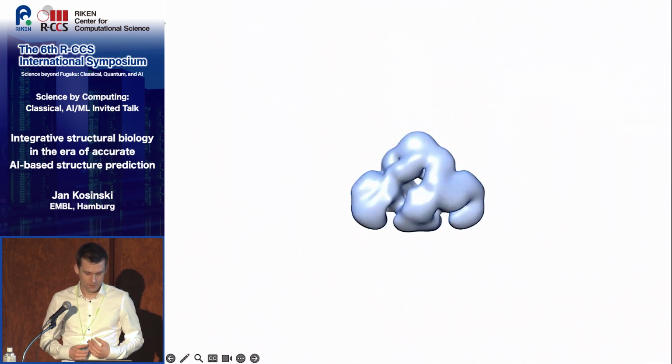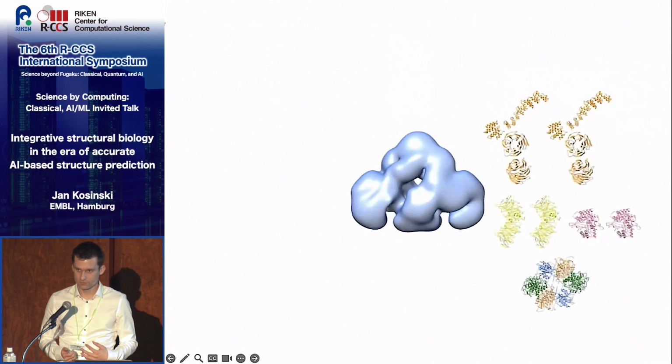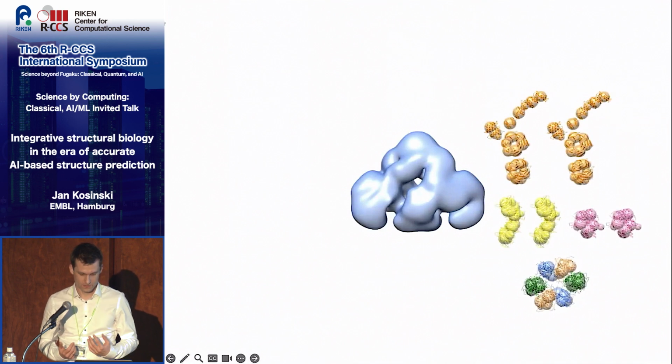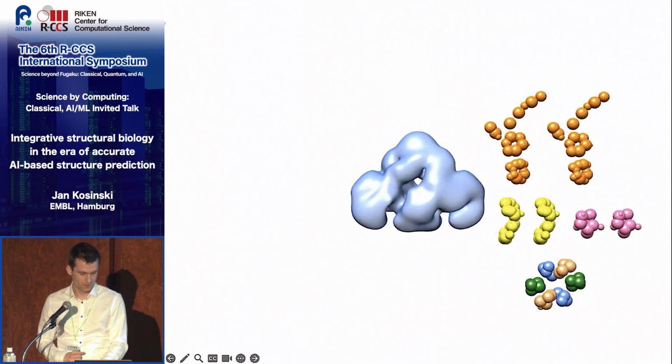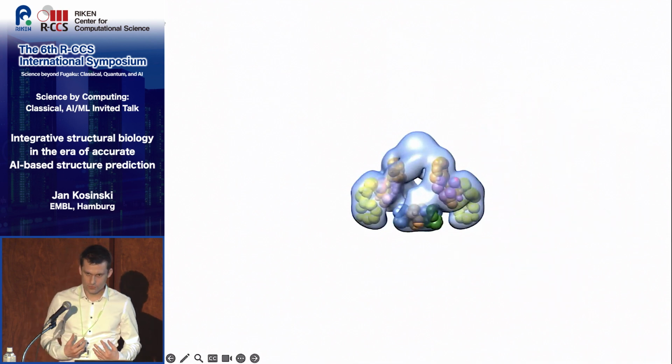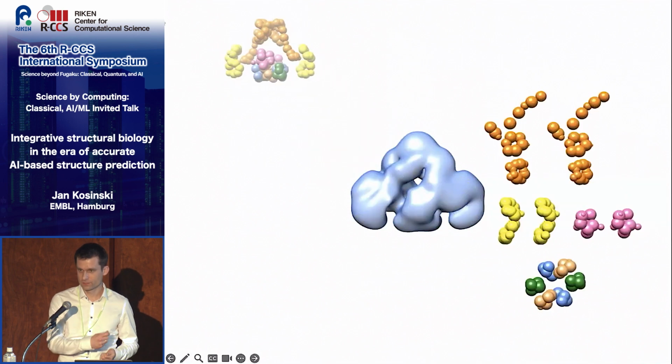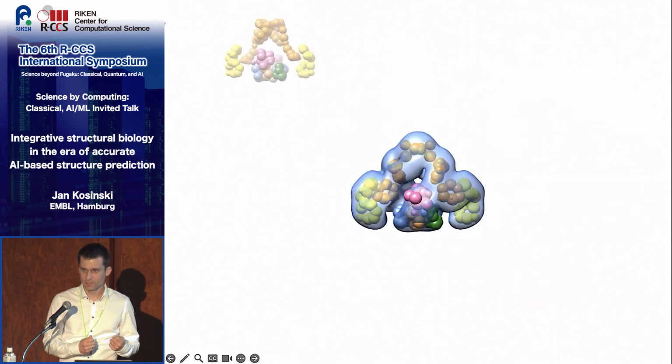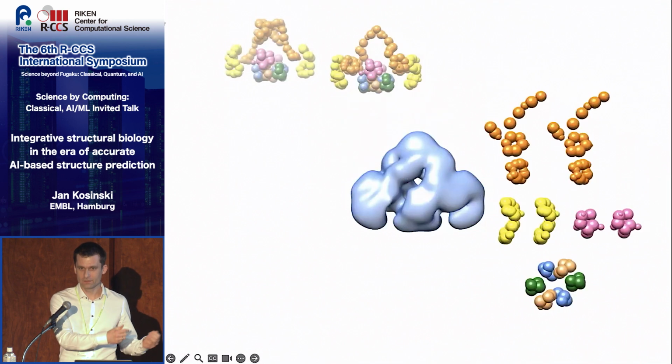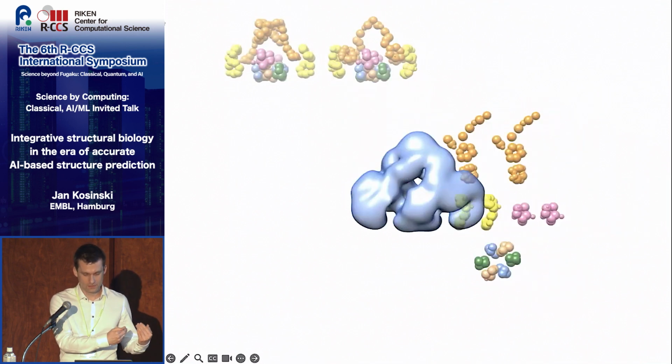And then we take crystal structures or homology models of individual proteins or subcomplexes. We coarse-grain them to some bead representation. And then we use a special procedure that very quickly and efficiently finds possible combinations of these components in this map, taking the cross-correlation with the map and those cross-link restraints into account at the same time.